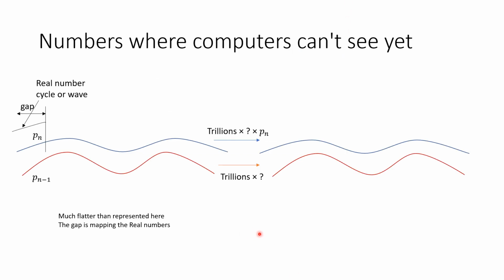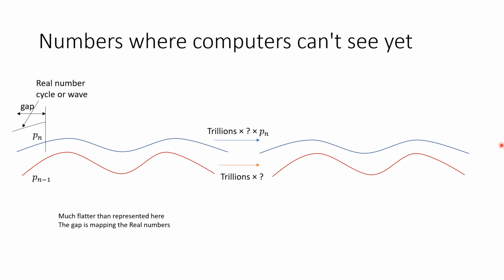Okay, this sketch is not representative in size, neither the gap, but we have here Pn and Pn minus 1. They're going to look very similar, as you can see now. But this is at huge numbers, of course. The one on top is going to be Pn times the one on the bottom. The blue one is going to be Pn times the red one.